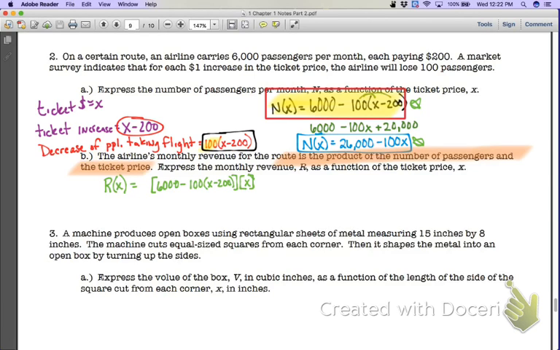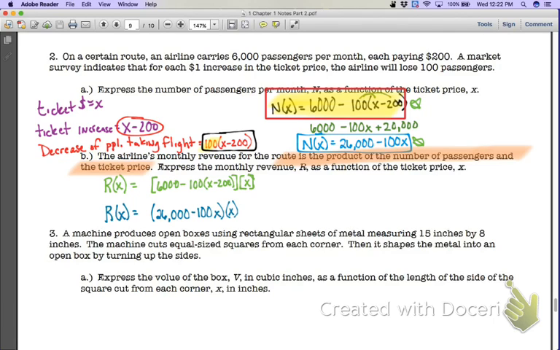Or if you want to keep it as one simple equation, take the 26,000 minus 100x and multiply it by x.